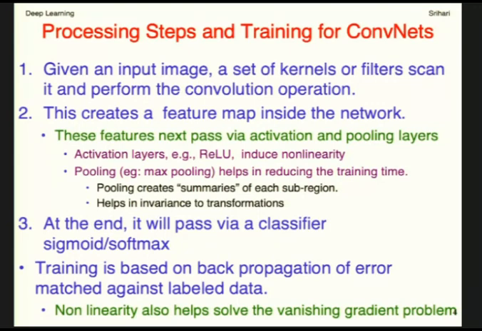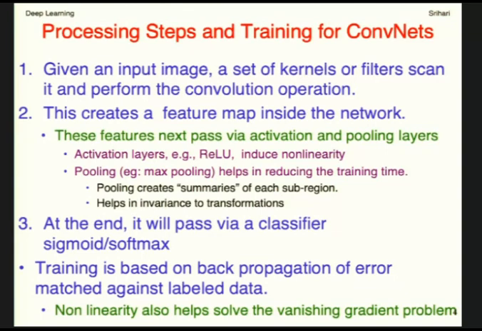So you see, in a convolutional neural network, given an input image, a set of kernels or filters scan it and perform the convolution operation. It's not just one kernel we use. We can use several kernels. Some of them we saw some examples, 64 kernels and so on. This creates a feature map inside, and they pass along via activation pooling layers. Activation layers introduce nonlinearity, reducing the training time.